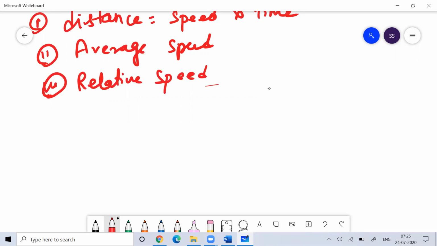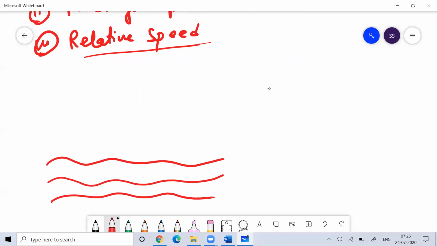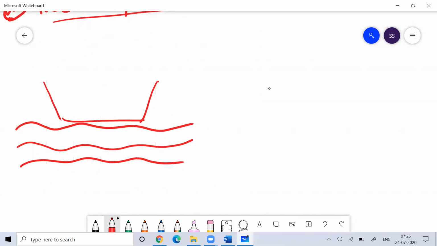In the chapter called boats and stream, assume there's water, and on top of the water there's a boat which is moving. Because the boat is moving over the water, and the water is also moving, we need to consider both the speed of the boat and the speed of the water.